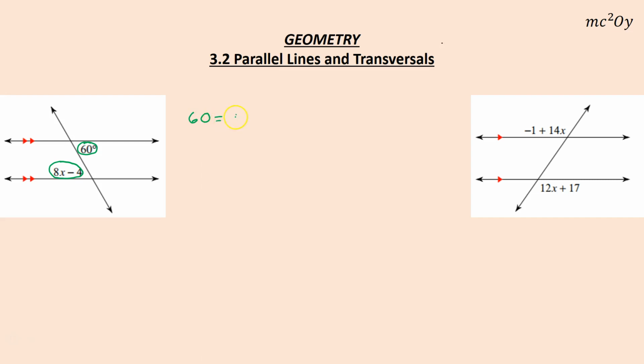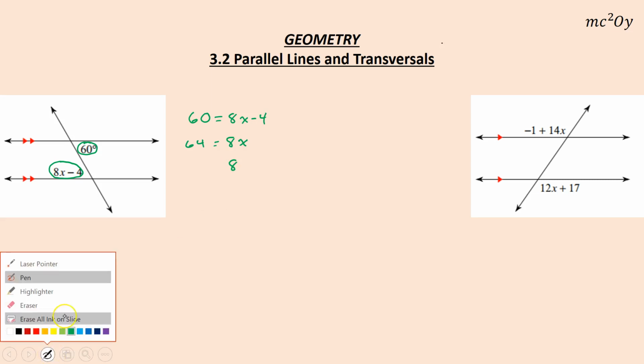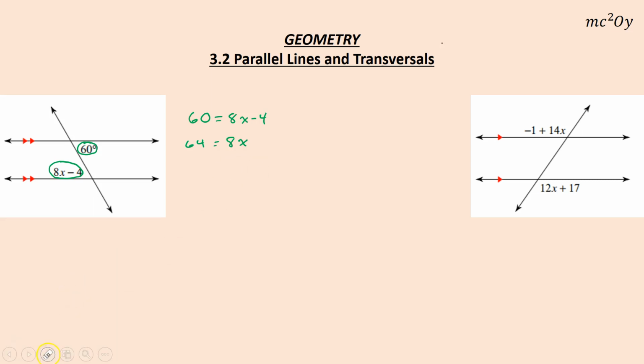So 60 has to equal 8x minus 4. Solving, 8x equals 64, so x equals 8. Substituting, 8 times 8 is 64, minus 4 is 60, so it works out.